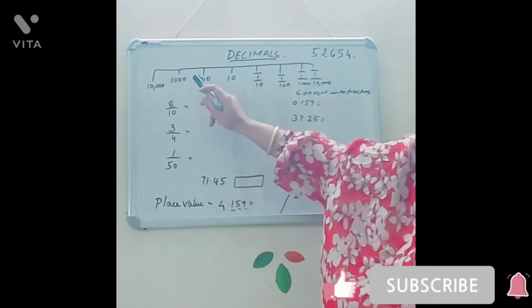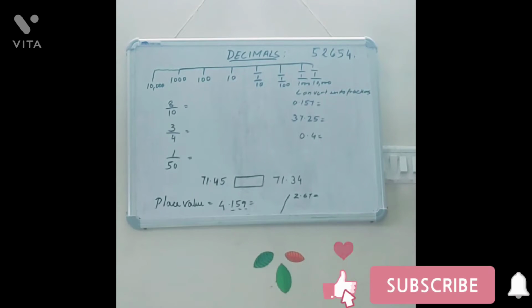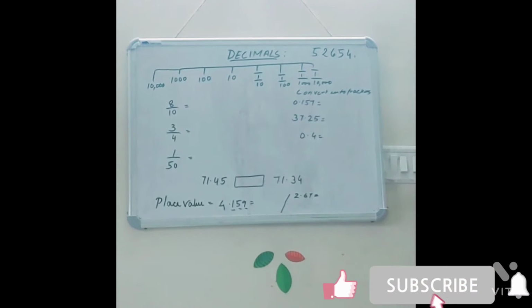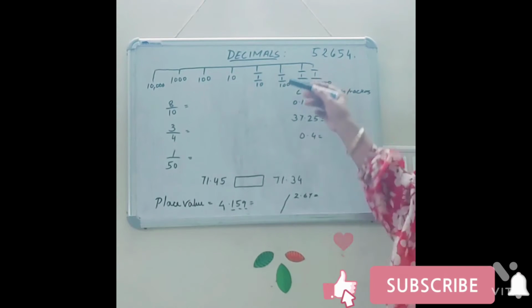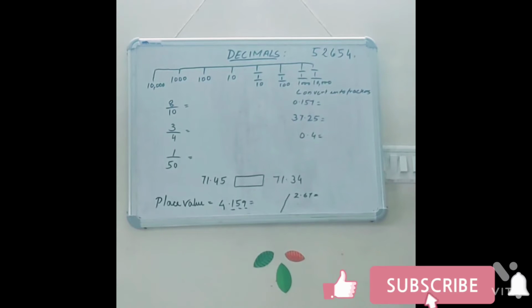So 10,000 place, 1,000 place, 100 place, then tens place, and then ones place. Now, what is decimal? Decimal comes after ones. So 1 by 10 is the first decimal place, 1 by 100 is the second, 1 by 1,000 and then 1 by 10,000.